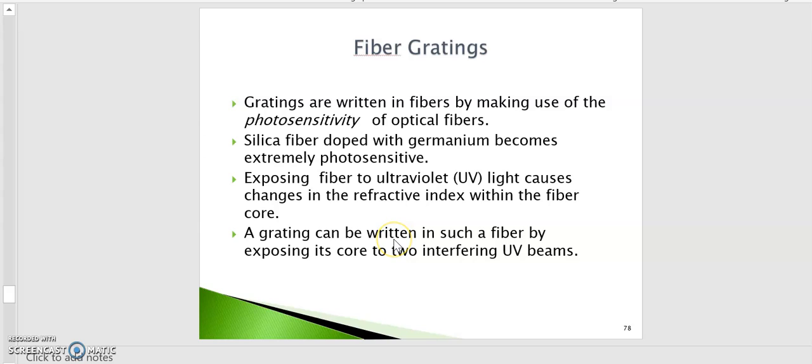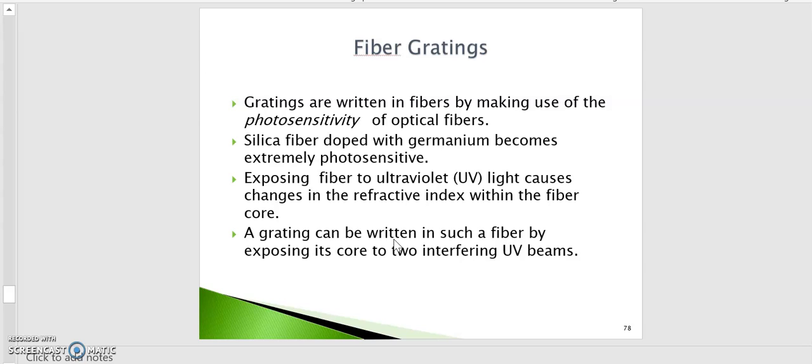Then how are gratings written in fibers? By using the photosensitivity property of optical fibers, they are written. Exposing the fiber to UV light, that is ultraviolet light, causes changes in the refractive index. At the predetermined position of the fiber, UV rays are exposed so that at that particular location the refractive index is changed, so it acts as a grating.